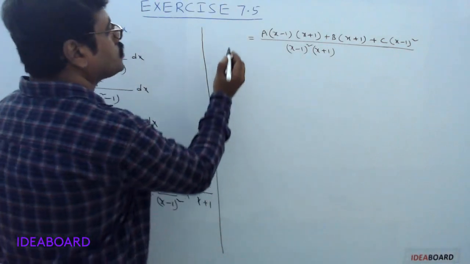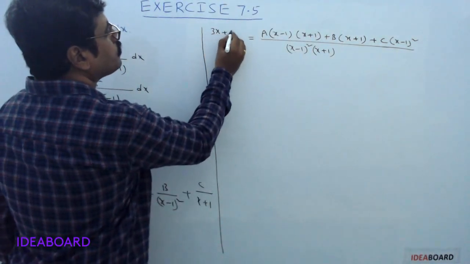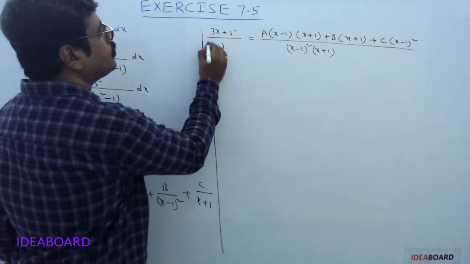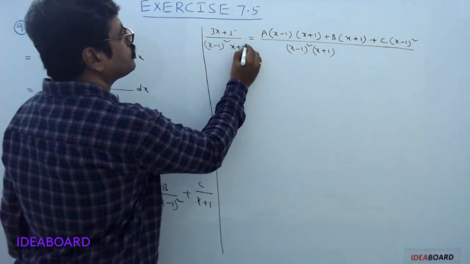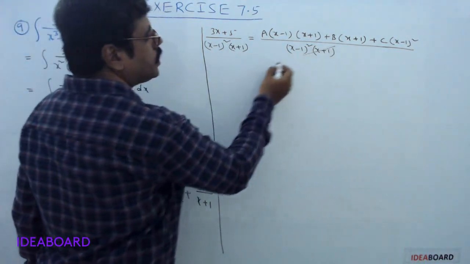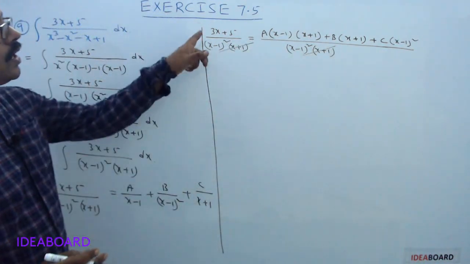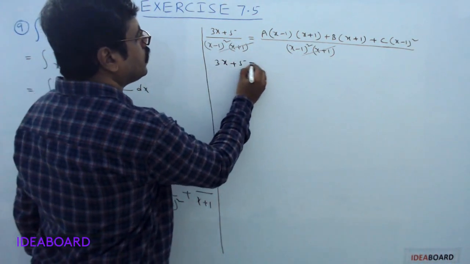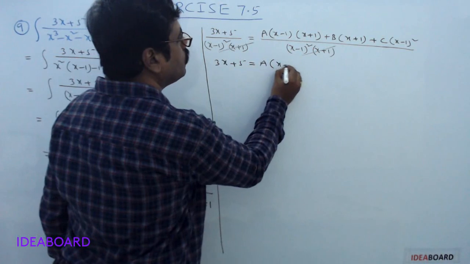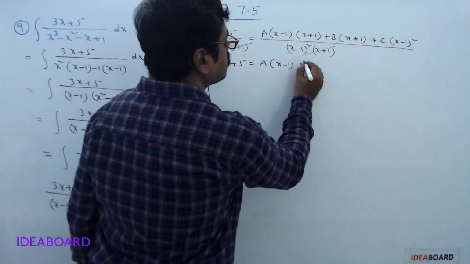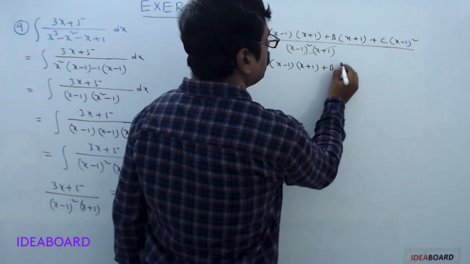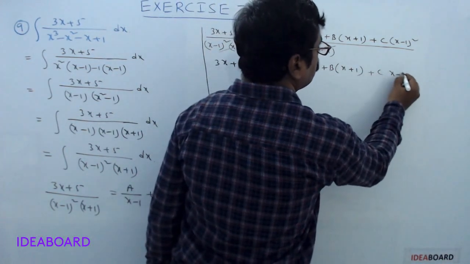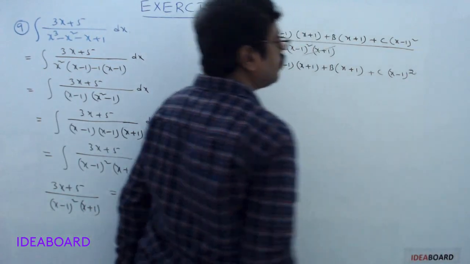Then write down the LHS part also. 3x plus 5 divided by x minus 1 whole square into x plus 1. Now cancel the denominators on both sides. Then write down the remaining expression. 3x plus 5 equals a into x minus 1 into x plus 1 plus b into x plus 1 plus c into x minus 1 whole square.